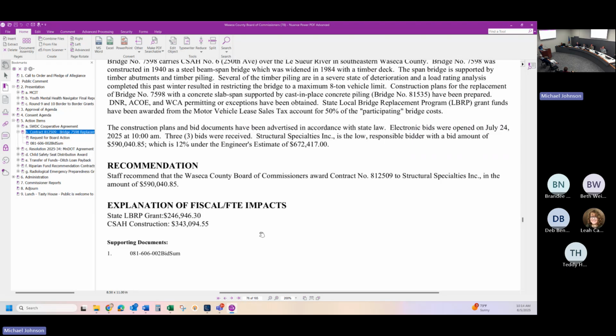So this is happening this year and it was slated for 2 years out. Is there anything that we're going to put now on a back burner? No. If you recall previous discussions, once we had to restrict this bridge, we were talking about funding this bridge completely with county state aid highway dollars. So the 20 million in bridge bonding that the legislature approved here, $250,000 is some of that.